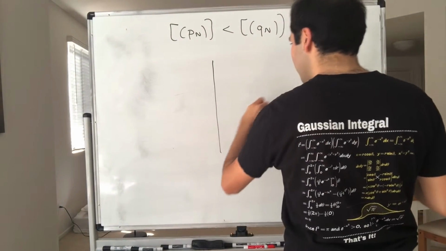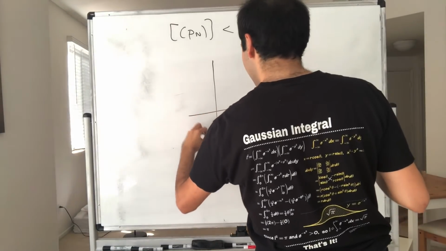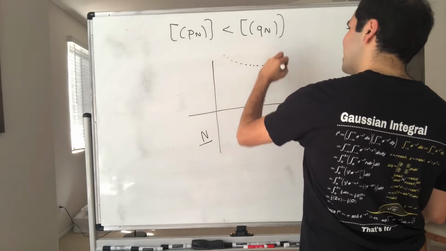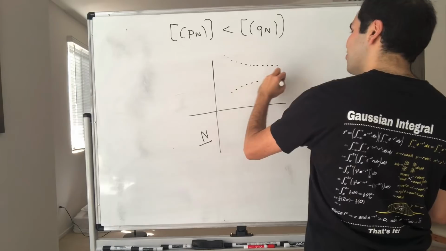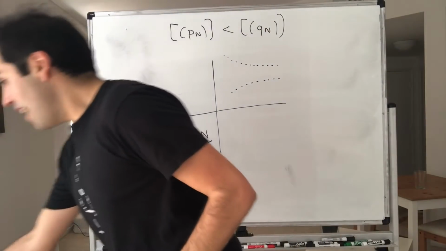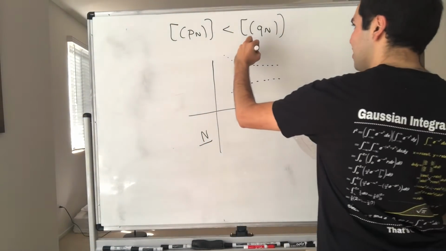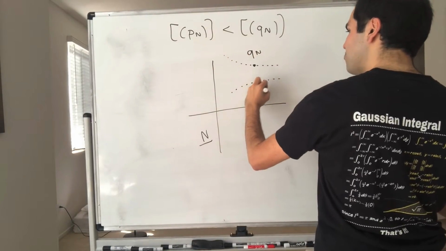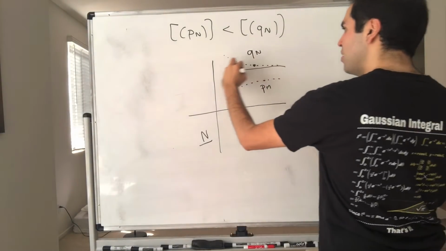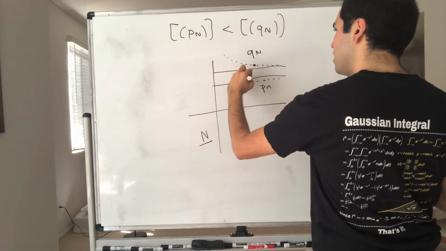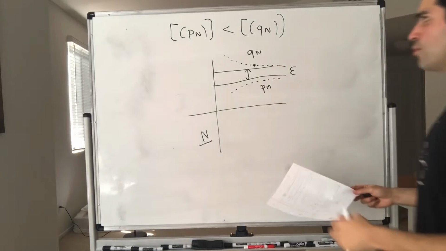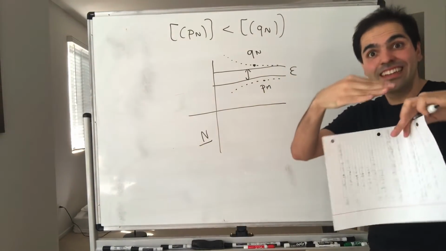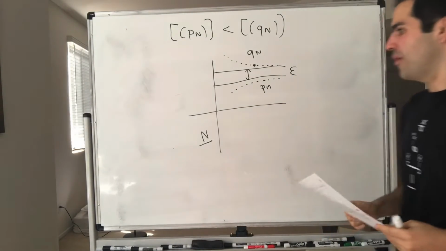Namely, after the threshold, capital N, not only is any value of Pn bigger than any value of Qn, but we actually want something more uniform. Namely, if you take any value of Qn and any value of Pn, not only is it bigger, but it's epsilon bigger. In other words, the two sequences Pn and Qn are social distancing. They're always at least epsilon apart.